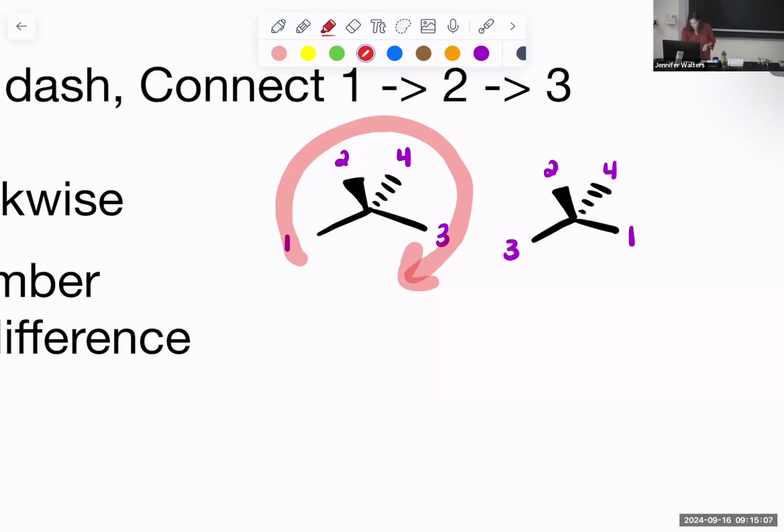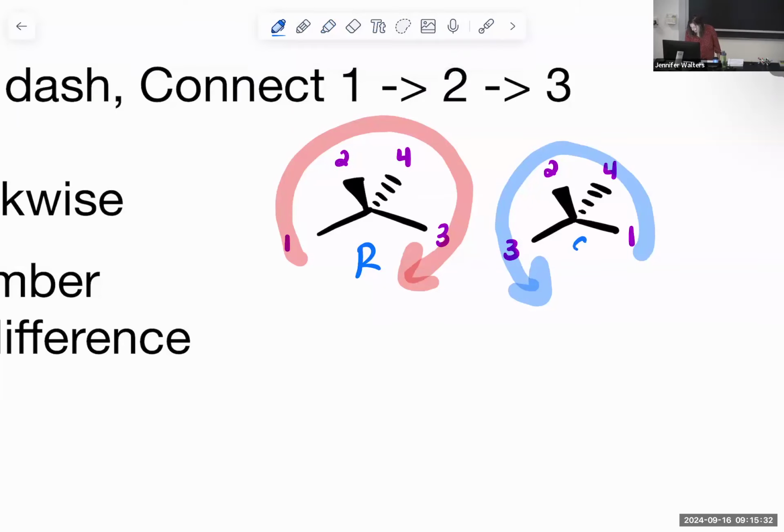I always have to look down at my page and then imagine I'm pointing at the actual clock in the room, how a clock goes, and then I'm like, oh yeah, that's clockwise. That is R. If when you connect 1 to 2 to 3 with your lowest priority on the dash it is counterclockwise, then that is going to be S.